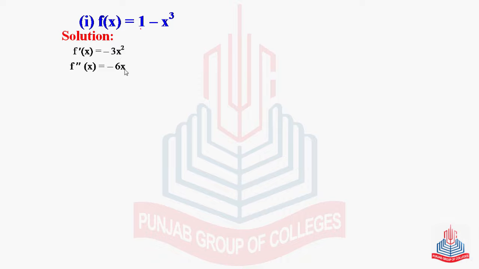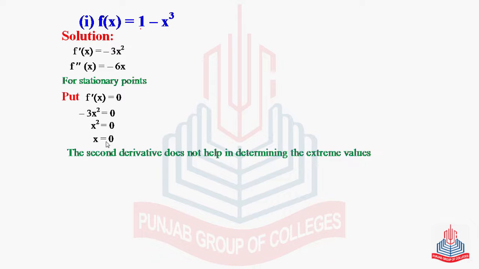Now for stationary points, put the first derivative equal to 0. As the first derivative was minus 3x square, that will become equal to 0, and from here we can say x is equal to 0. The second derivative does not help in determining the extreme values. Why did this happen?